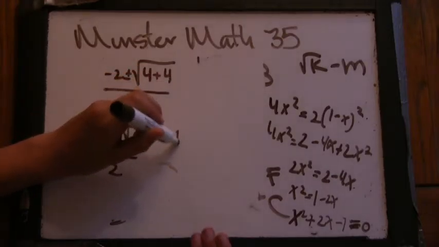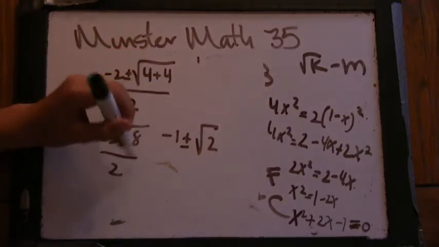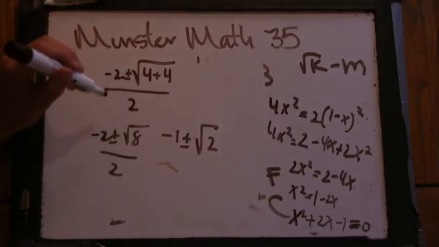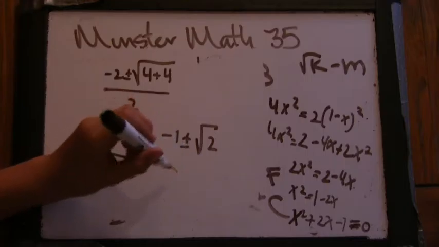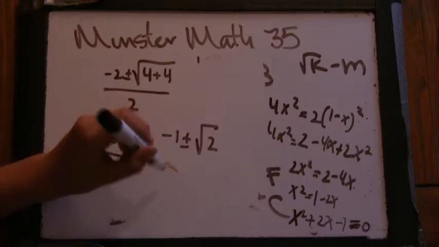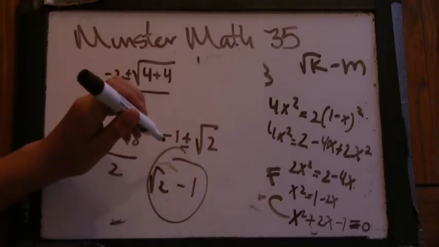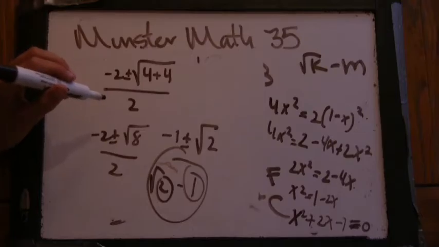This is going to say minus 1 plus or minus square root of 2 because this is 2 root 2. This is a distance, so it has to be minus 1 plus root 2. So root 2 minus 1. So 2 plus 1. Very good.